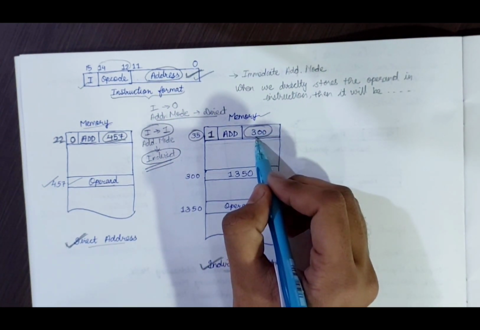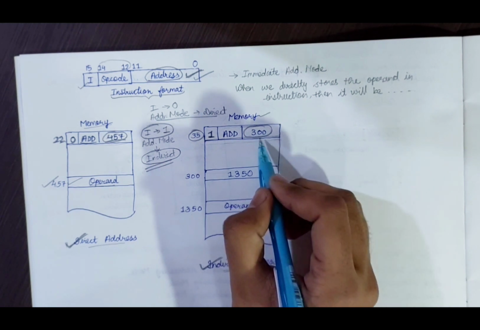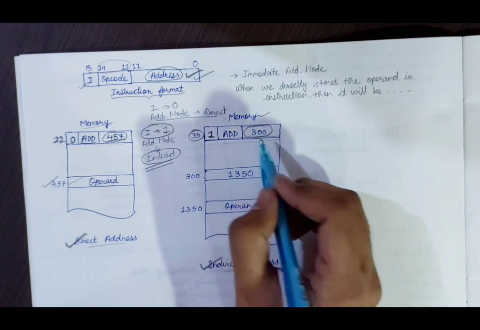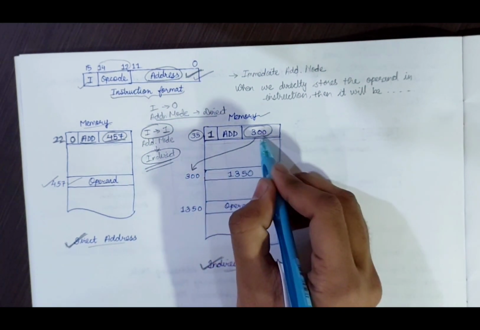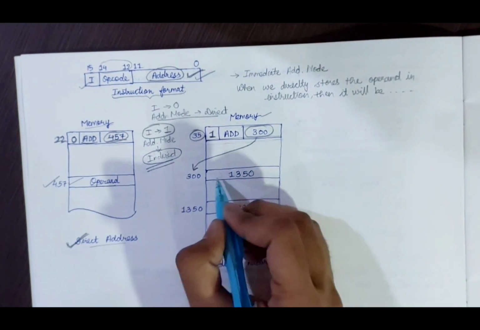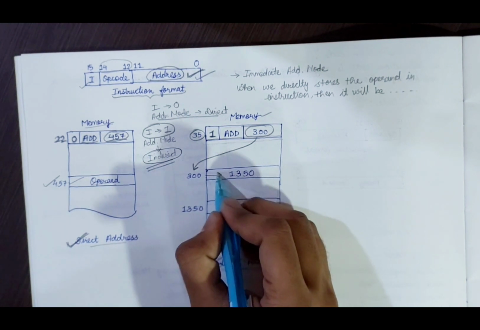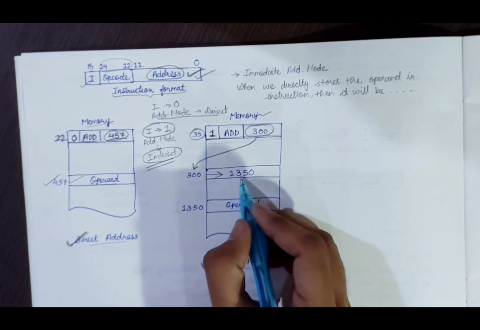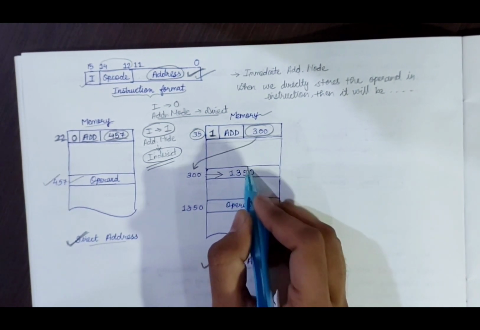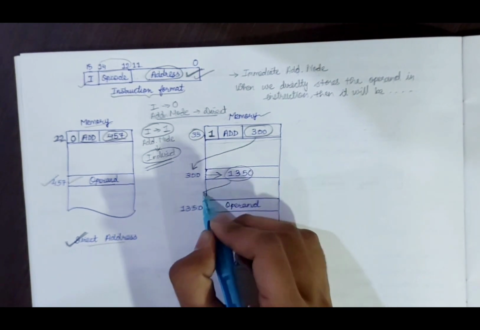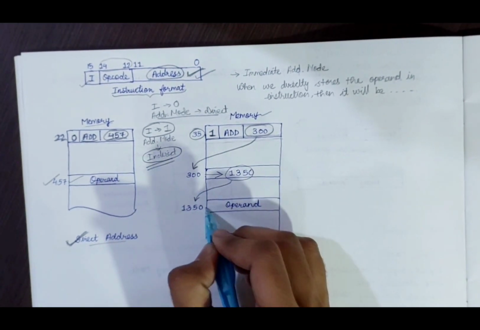So it goes to this address, that is 300, and sees that at 300 the effective address is stored. It will first fetch the effective address, and from the effective address it will fetch the operand.